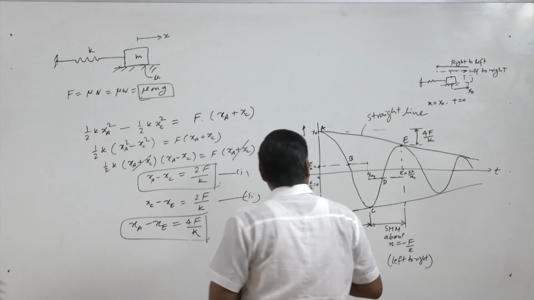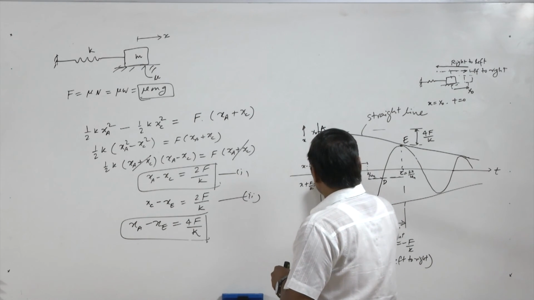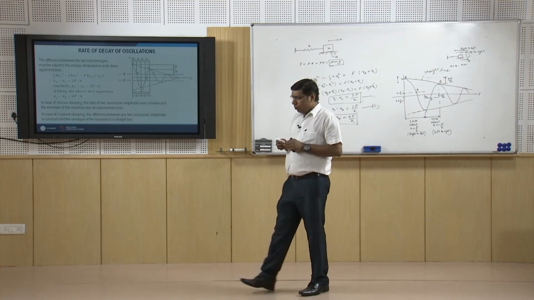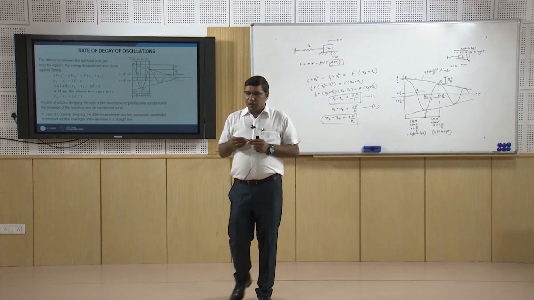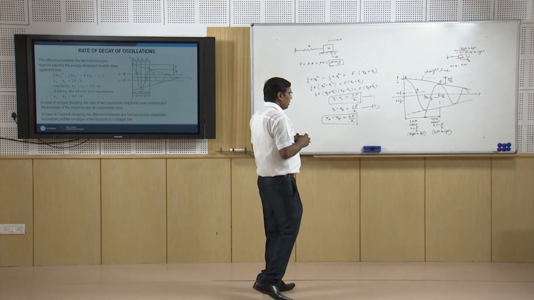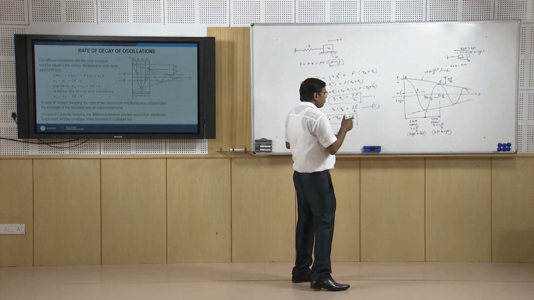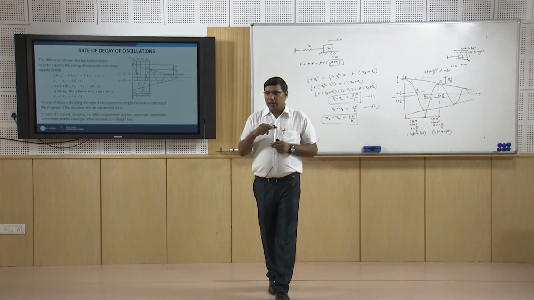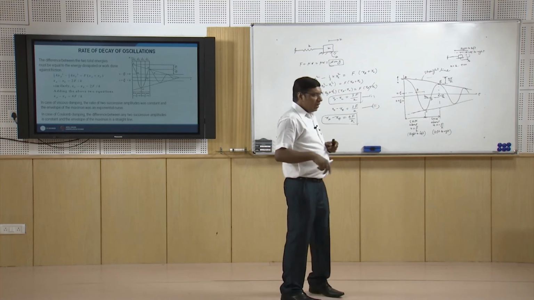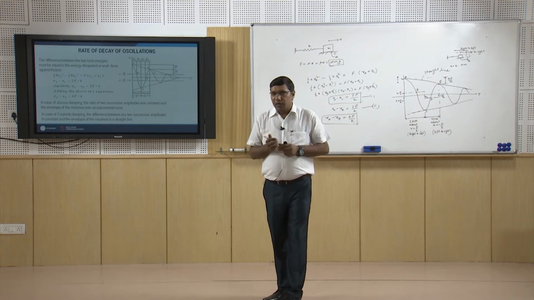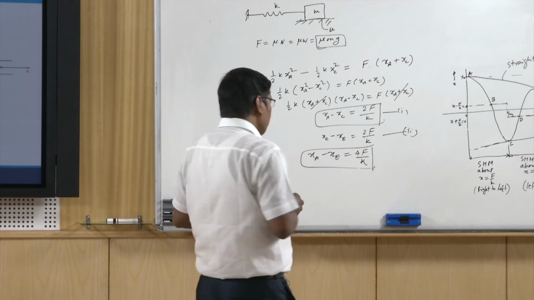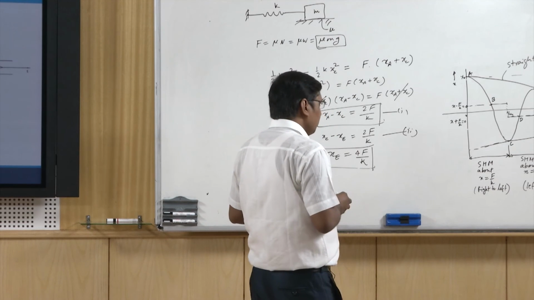Another important point is that in case of viscous damping, the vibration was occurring about x equal to 0, but here in the half cycle it is occurring about x minus F by K equal to 0. In the next half cycle it is occurring about x plus F by K equal to 0.